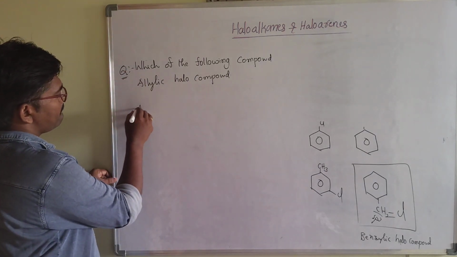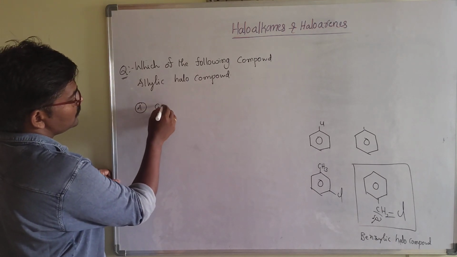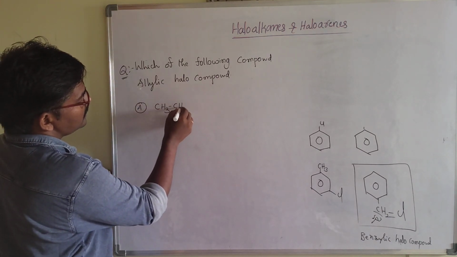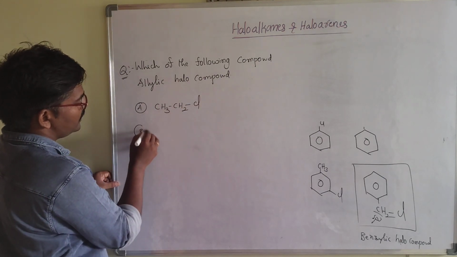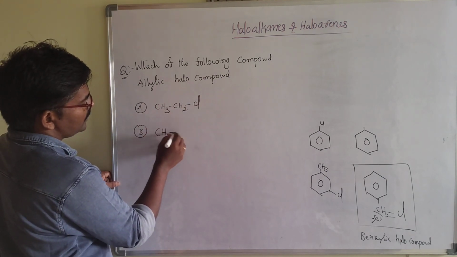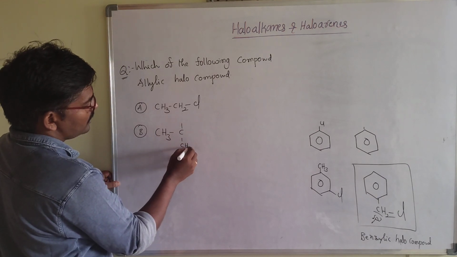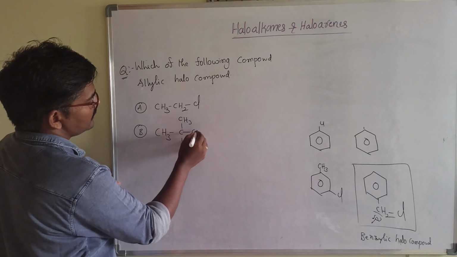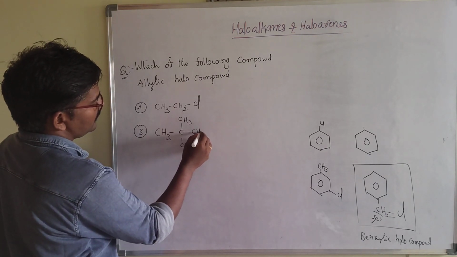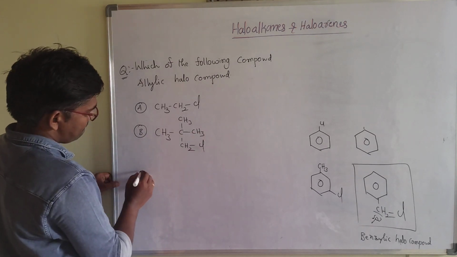Sir, option A is given like this: CH3-CH2-Cl. Option B: CH3-CH2-CH3 with Cl.